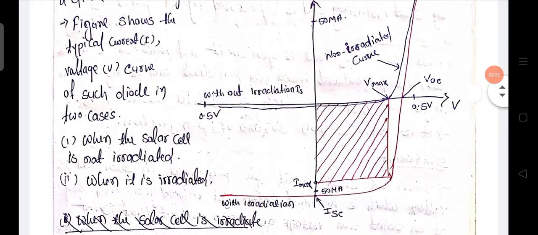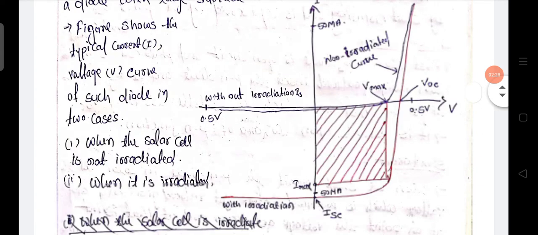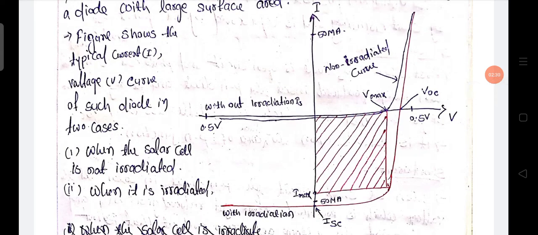First, let's consider that a solar cell is generally referred to as a PN junction. So we consider here the PN junction.